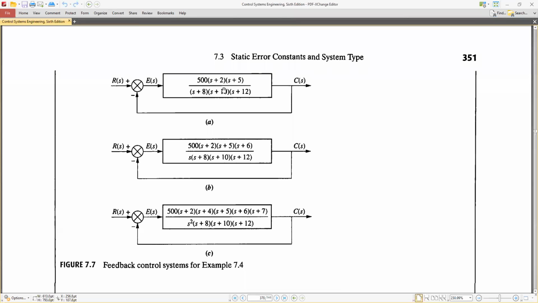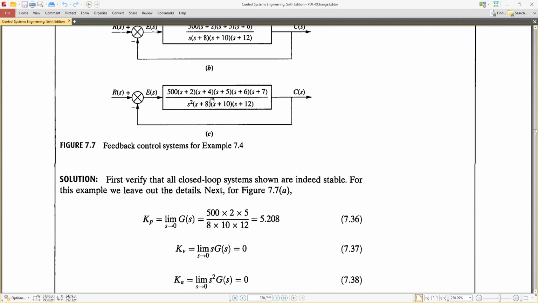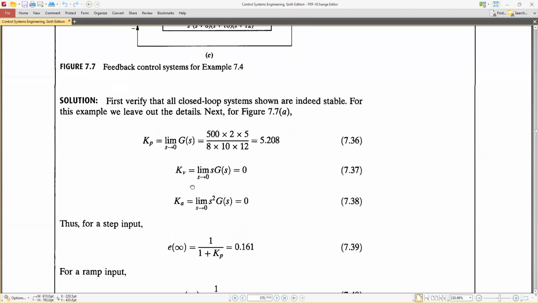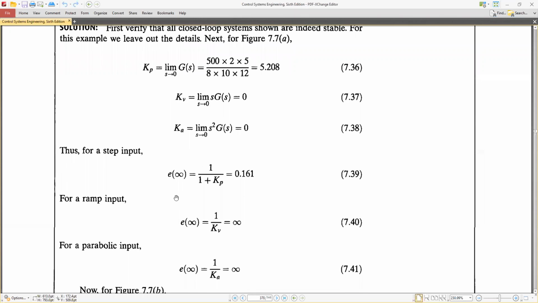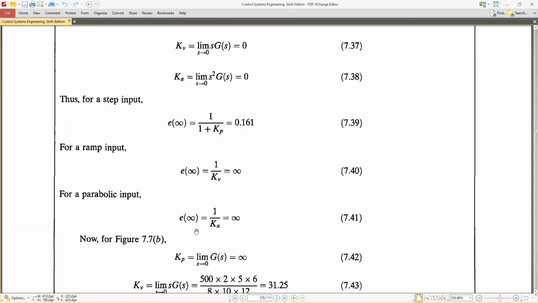So if it is stable or not, use the root table. Just do the rough root table. If those are stable, then check the constants Kp, Kv, Ka. Find them out, then put these for the step input, for the ramp input, for the parabolic input.